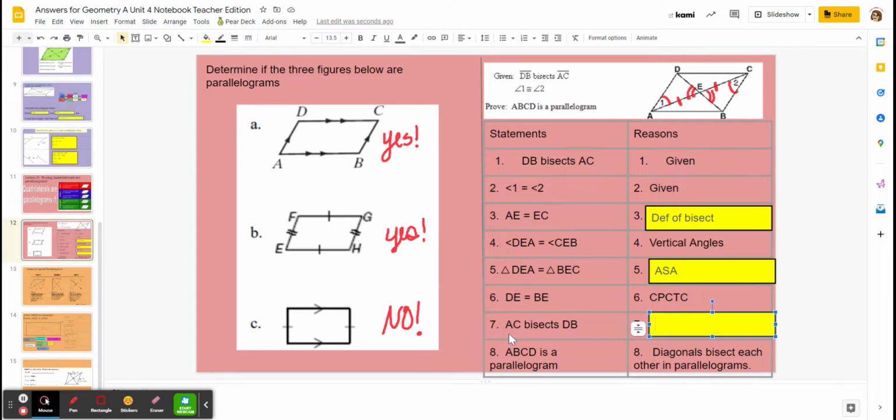Why can I now say that AC bisects DB? Well, we just said that these two are congruent, DE and EB. Since those are congruent, that means that segment is bisected. So that again is the definition of bisecting.